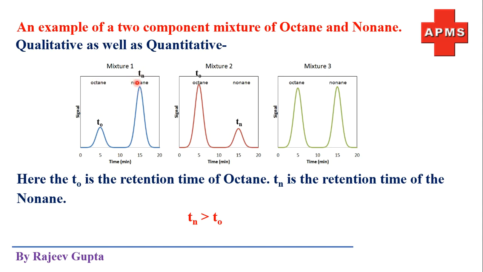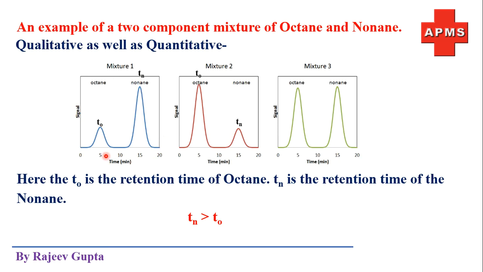So we can see here that if we choose these simple hydrocarbons which are alkanes, the high molecular weight hydrocarbon, which generally shows high boiling point or high surface area, travels slower, or these molecules show more interaction with the non-polar liquid stationary phase. So octane elutes first, and after that nonane.